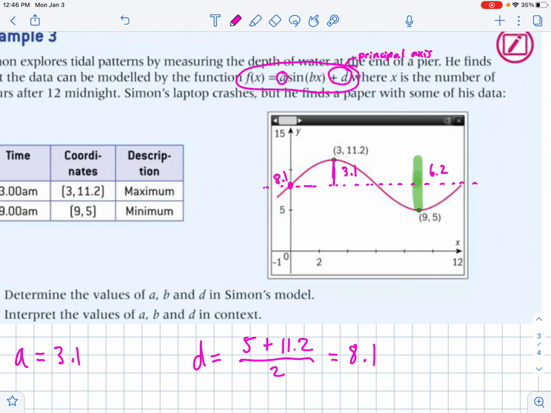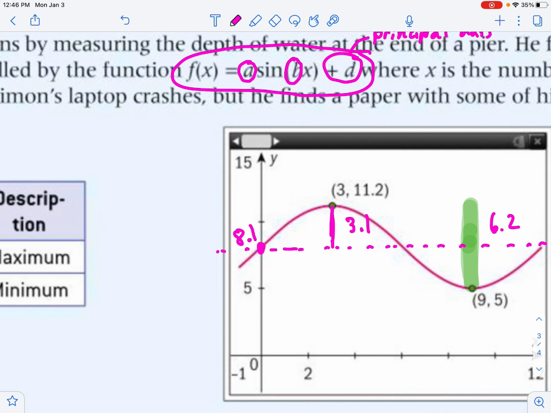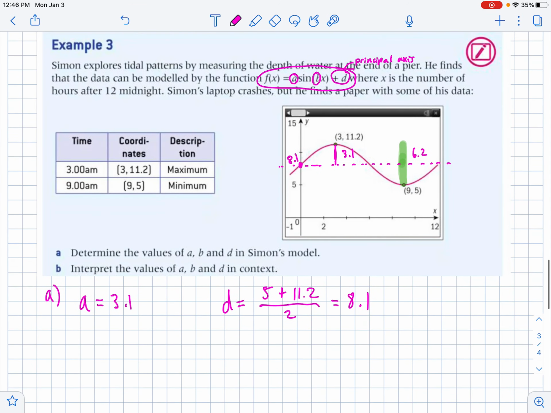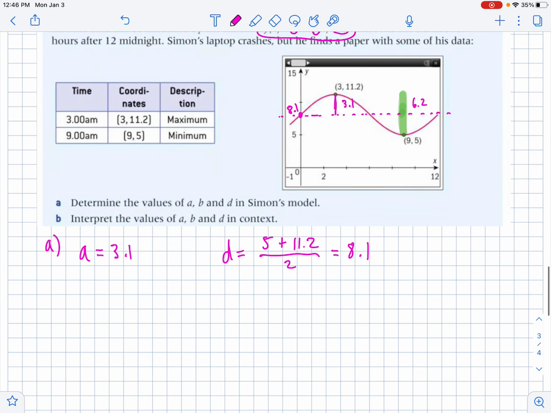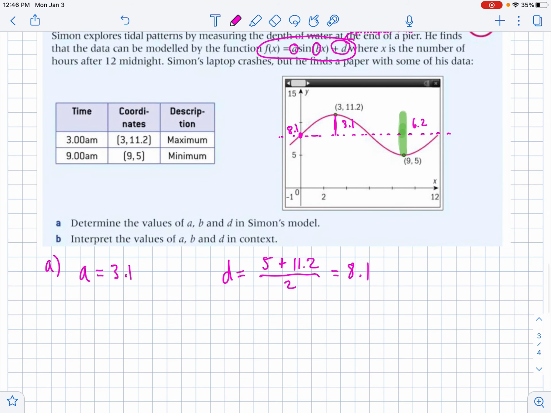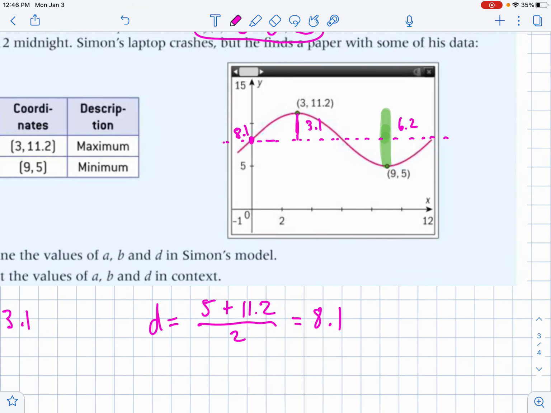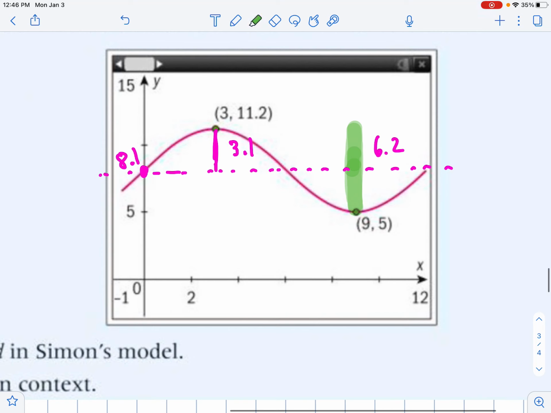The last part is that B value, and the B value you get from the equation 360 divided by B is equal to the period. To figure out what the period of this curve is, like it's this distance from here all the way over to here. In this first chunk, we go 3, so this is 3.